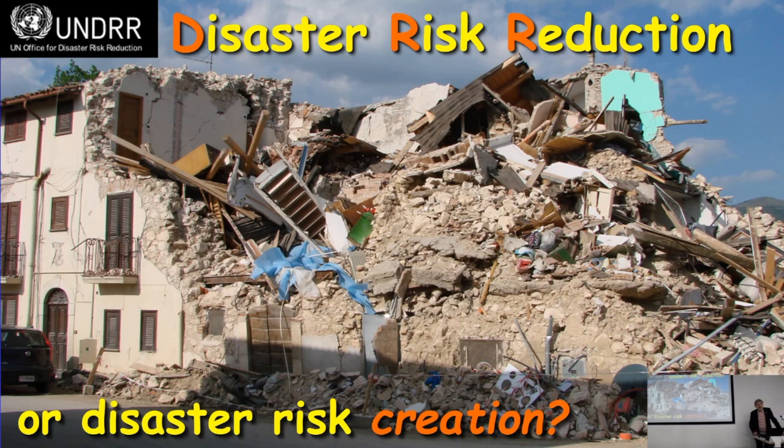If you follow IRDR, not my IRDR, which is the Institute for Risk and Disaster Reduction, but Integrated Risk and Disaster Reduction in Beijing, the World Bank funded body there, they have been working on disaster risk creation as a phenomenon worthy of study.